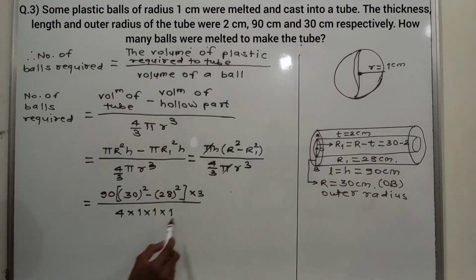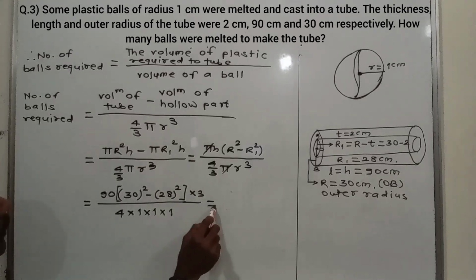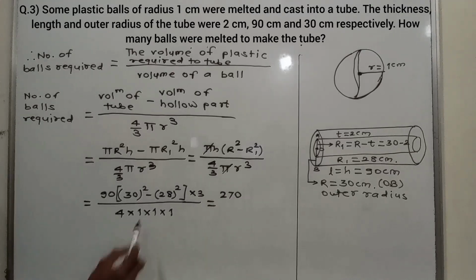Did you get it? Therefore, 9 3s are 27, and 0.